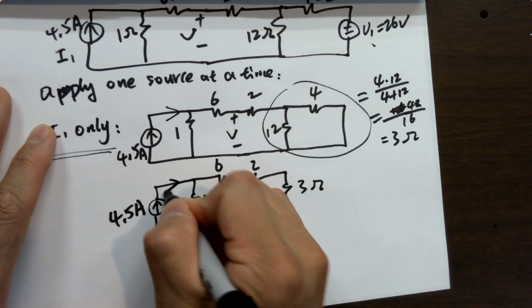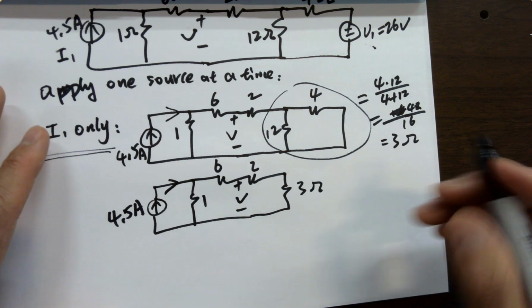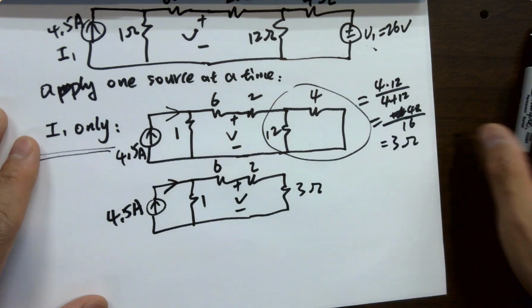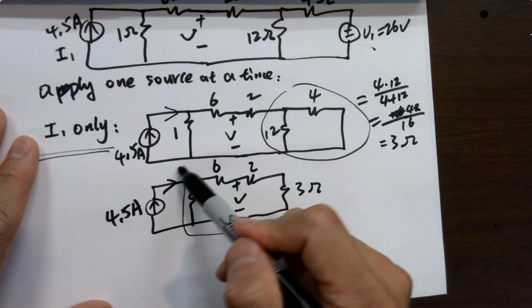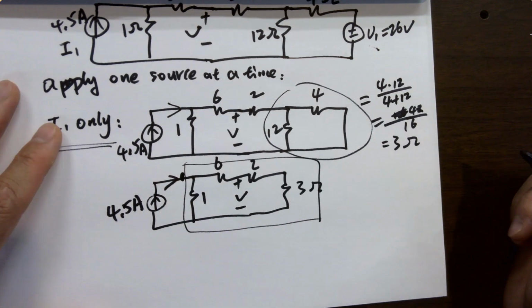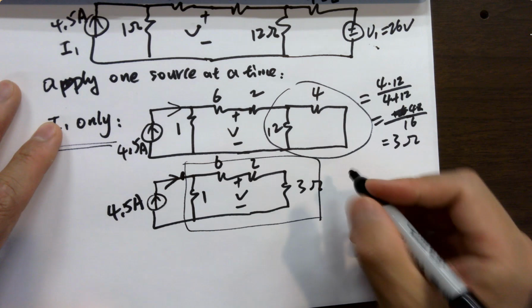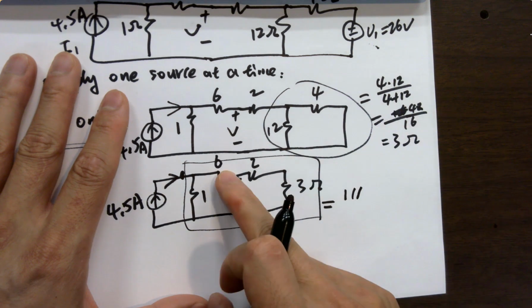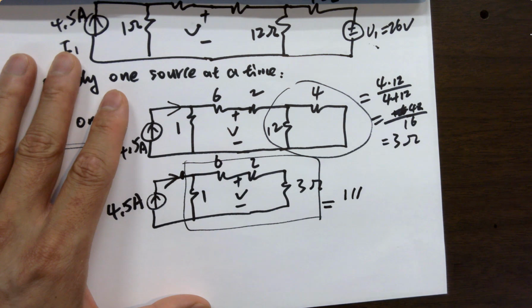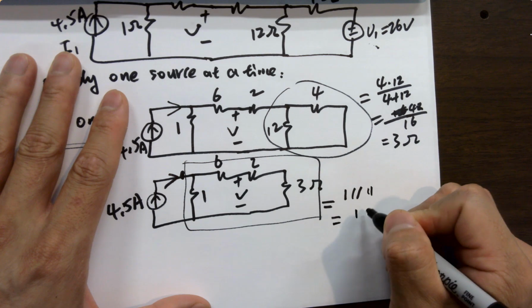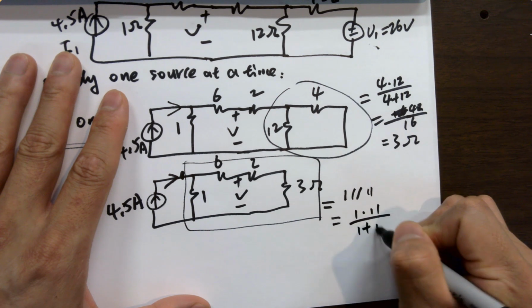Why? Because this is the main branch current, 4.5 amps. So you have to find out the overall resistance here, like a black box, so you can calculate the voltage here. And what is the resistance here? That's 1 in parallel with 11, right? Which is 1 times 11 over 1 plus 11.